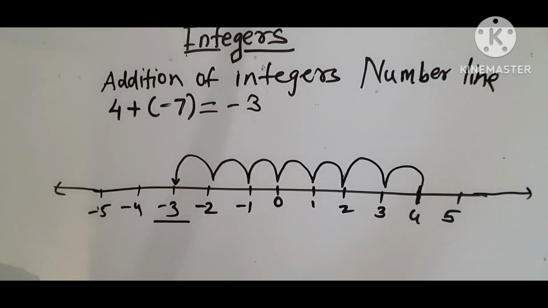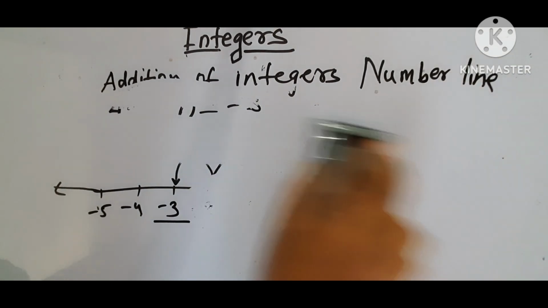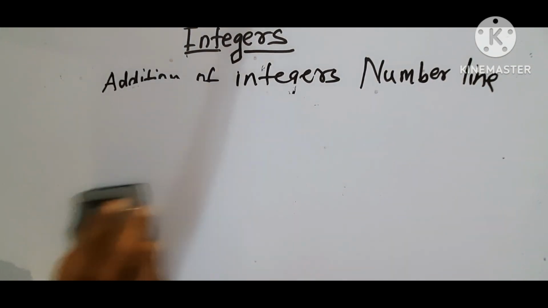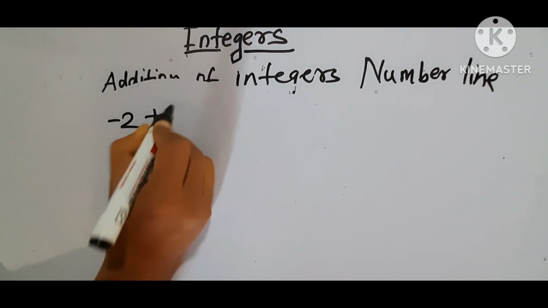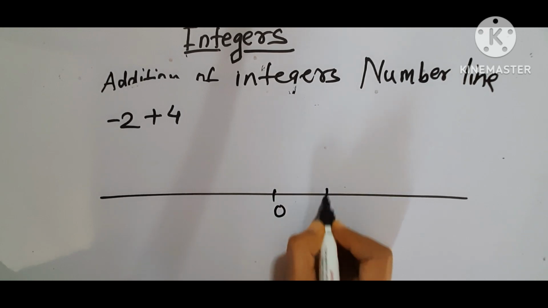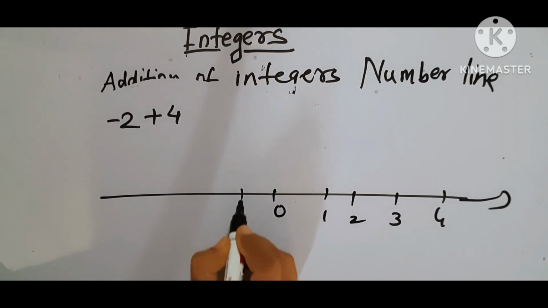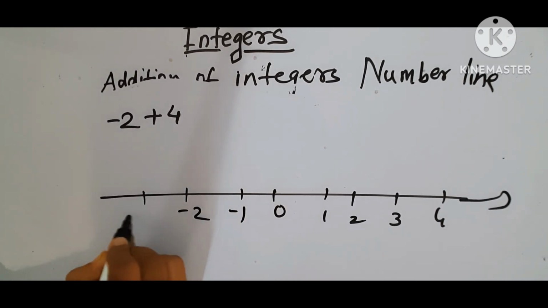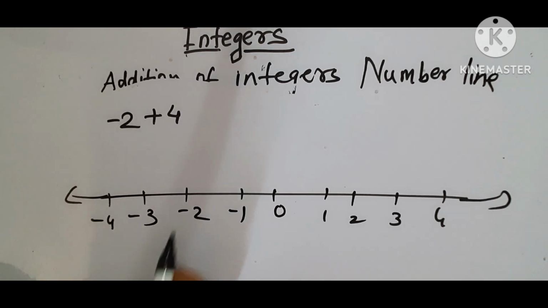Okay, suppose it would have been -2 plus 4. Again we can draw a number line. What we have to do, first we'll spot the value -2 on the number line.